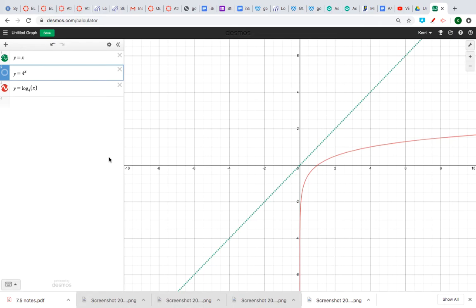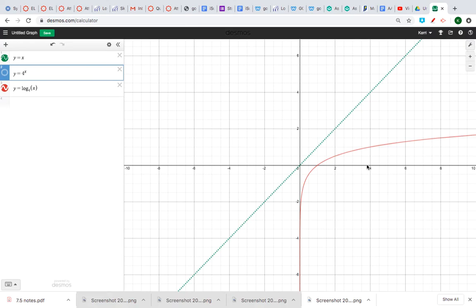It will never get over on this side. So the domain is x is positive. X is greater than 0.